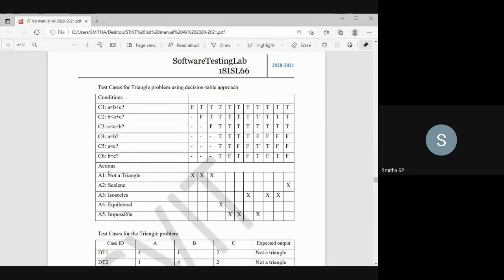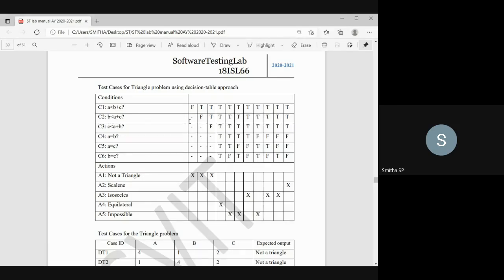Then your resultant action will be not a triangle. Then you will be marking at this. Next, moving to the next rule, condition one is satisfied, whereas condition two, that is b is less than a plus c, is not satisfied. You know these blank entries, right?